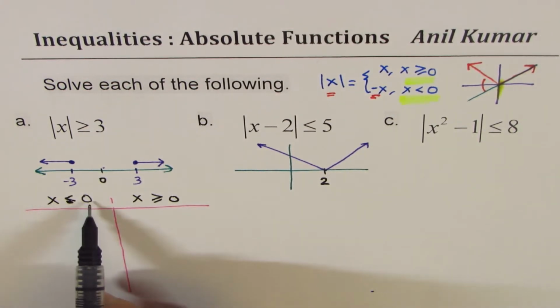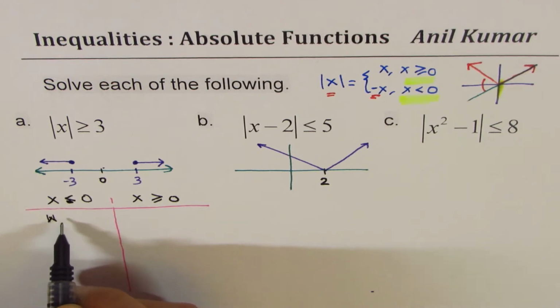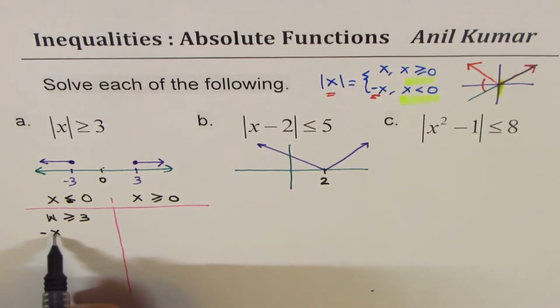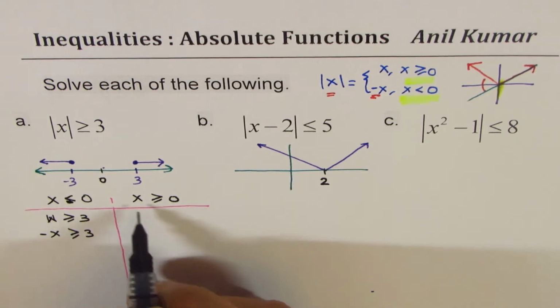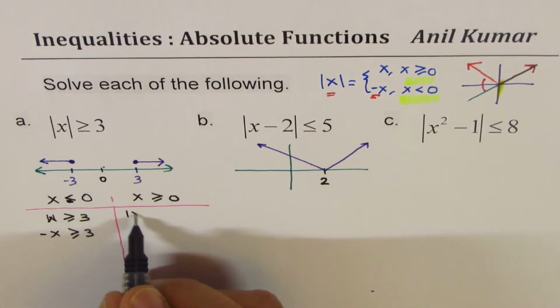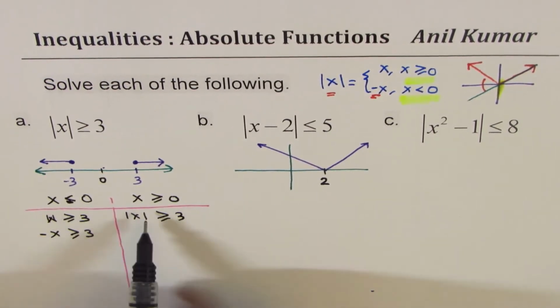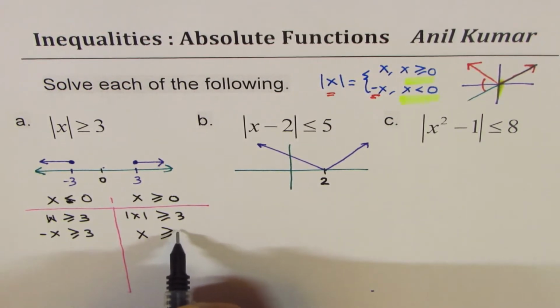Now if x is less than 0, then absolute value of x is minus x, and it becomes minus x is greater than or equal to 3. If x is greater than or equal to 0, then I replace absolute value of x with positive x. Does that make sense to you, right?